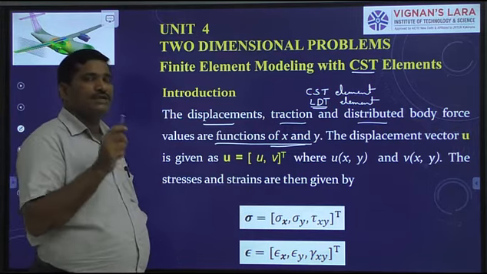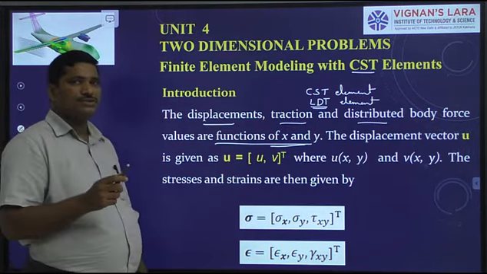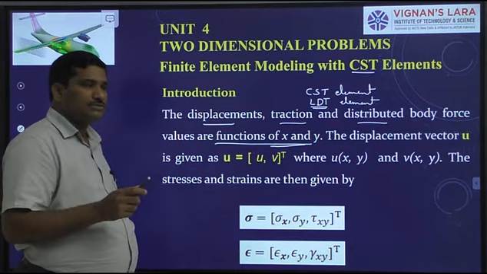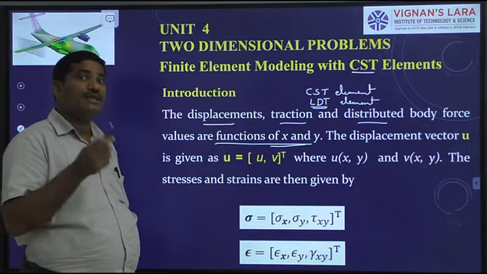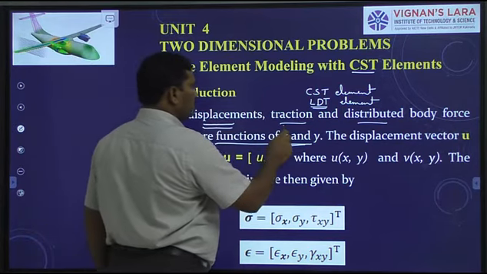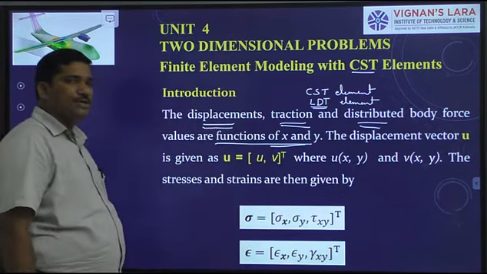Stress is a function of variable x. And the distributed force, traction, body force are also the functions of variable x. Whereas coming to two-dimensional problems, the displacements, traction and distributed forces are the functions of variables x and y.